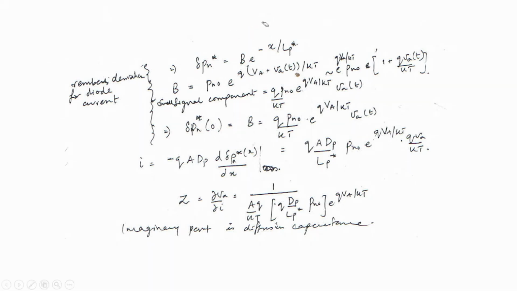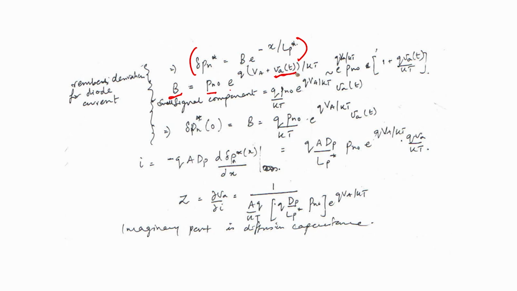And the solution to this differential equation is again given by this particular term here, where B is your injected minority carrier hole concentration at the depletion boundary on the n side, and that is equal to Pno e to the power. In the previous case we saw it is q VA by kT, but now it is going to be q VA plus the small signal va by kT. The small signal va has got a time based component.